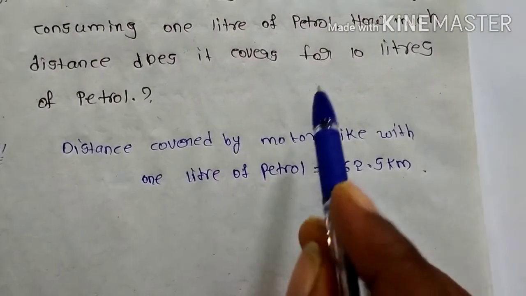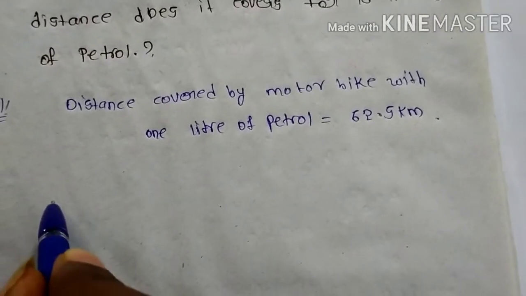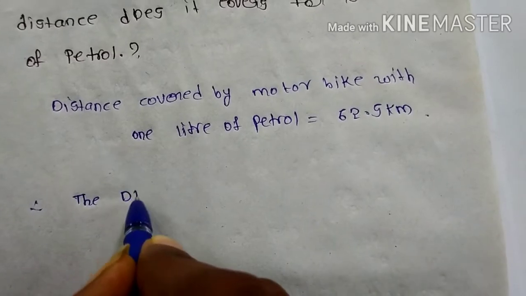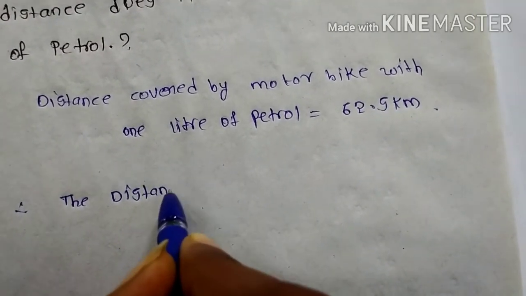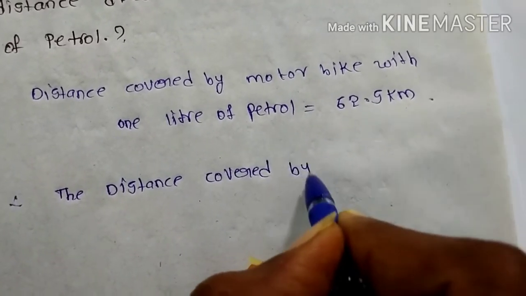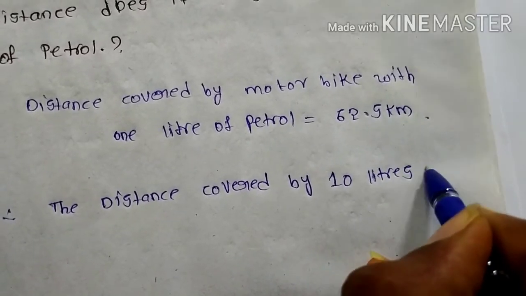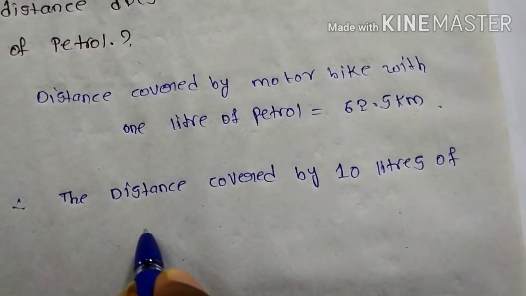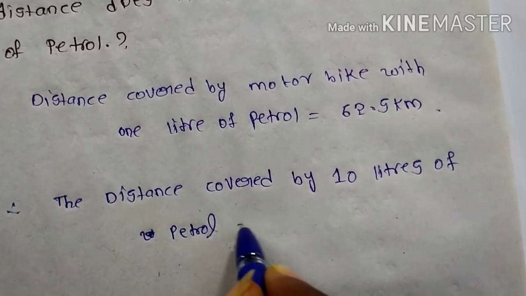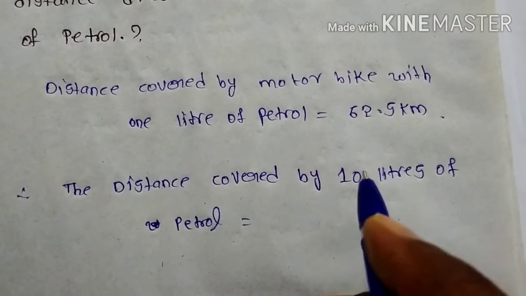We need to find with 10 liters of petrol how much distance it covers. So you can write here: therefore, the distance covered by 10 liters of petrol.